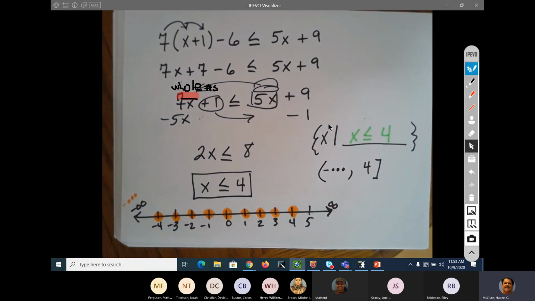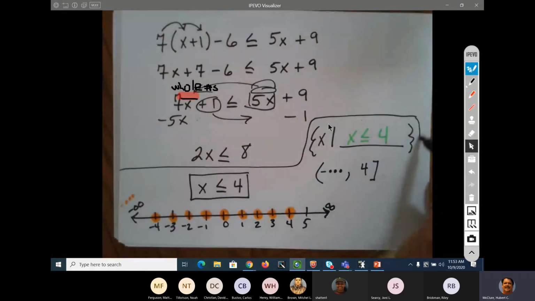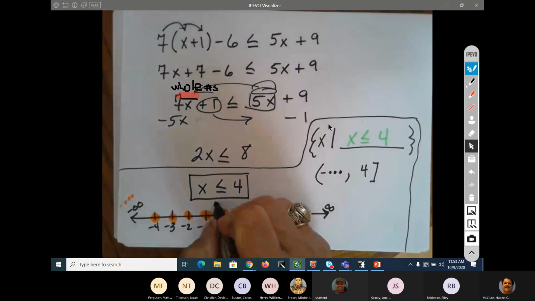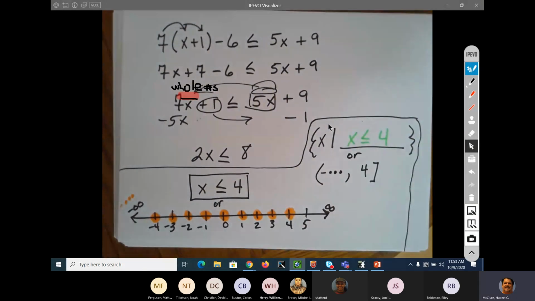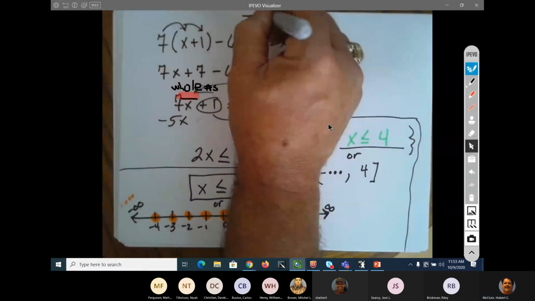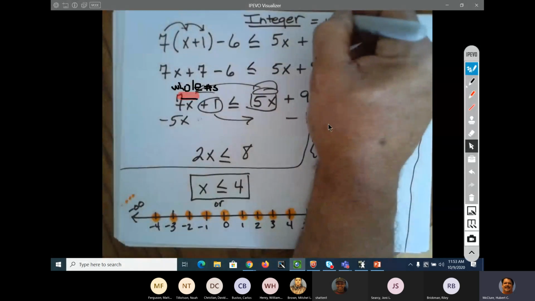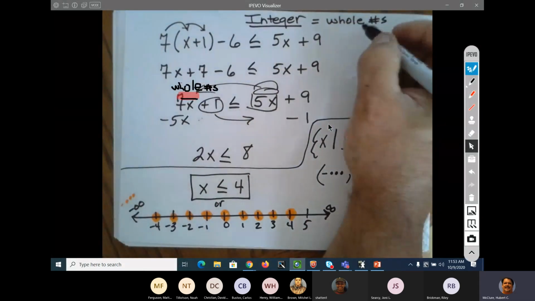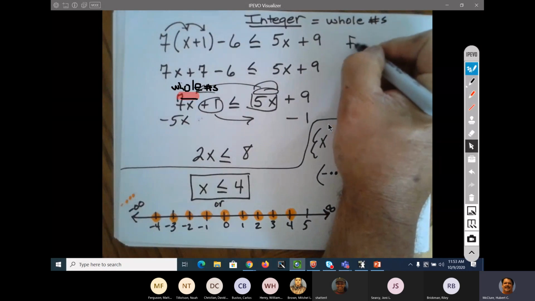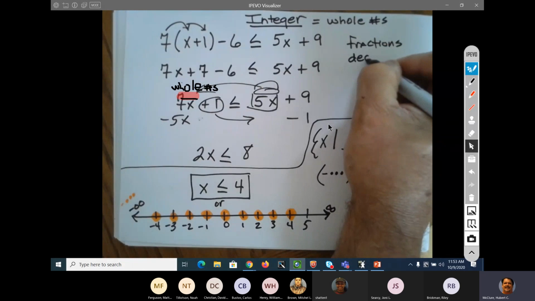So a standardized test, or my test, will ask for one of these answers. And when you're dealing with the word integer, integer is the same thing as whole numbers, which means you cannot use fractions or decimals.